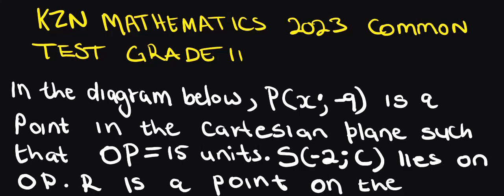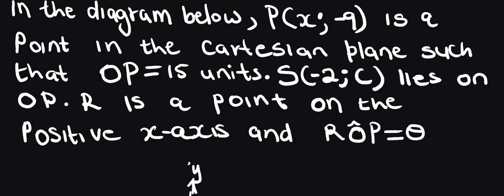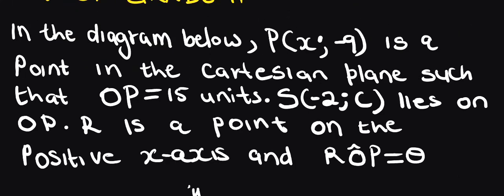We have the following information in front of us, which is the KZN Mathematics 2023 Common Test Grade 11 for Term 1. The information that we have is in the diagram below.